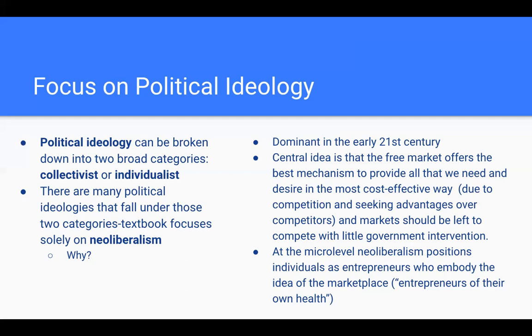And so, just know that neoliberalist ideology can operate on both the macro as well as the micro level in society. And at that micro level, your textbook describes it as being entrepreneurs of their own health, which I felt was a pretty catchy way to sum up that idea.